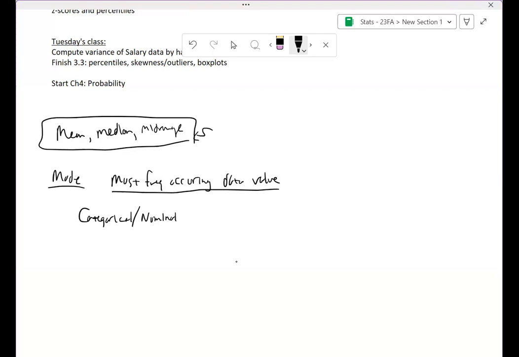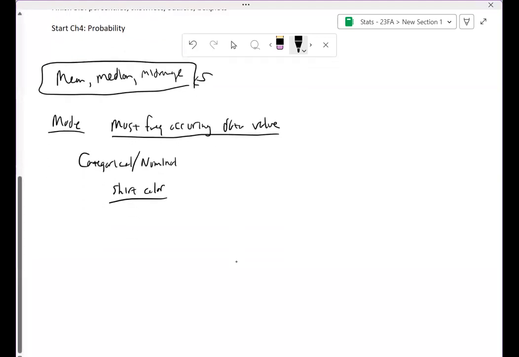So for instance, let's say we had shirt color and we had some different colors: blue, red, let's say yellow and green. So these are the different classes, the different possible outcomes.